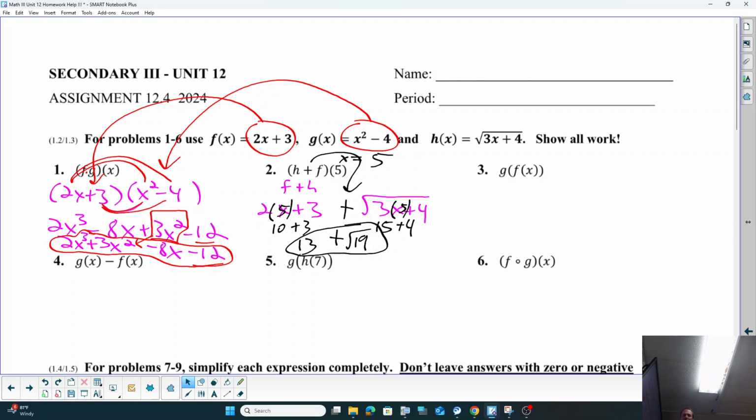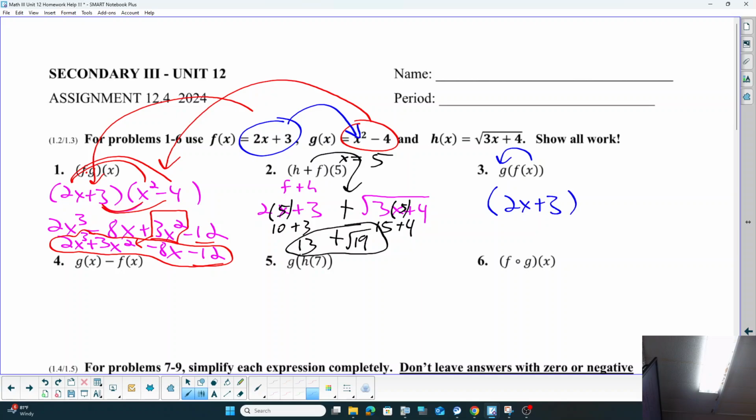Do you still remember how to take f of x and plug it into g with problem number 3? Just going to plug it right in there. F into g. So we have f, which is 2x plus 3, and it wants you to plug it into g. So x is going to go away, and f will have to be squared.